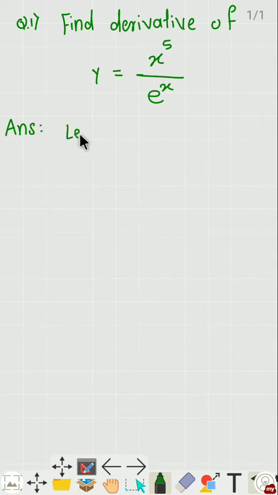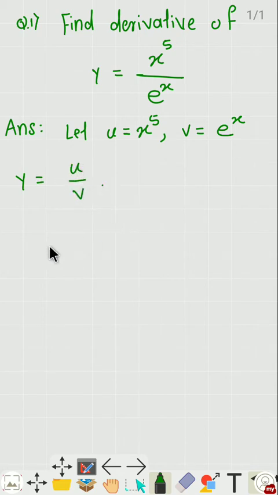Let u function be x raised to the power 5 and v function be e raised to the power x. Therefore our function y will look like u upon v, a quotient of two functions.